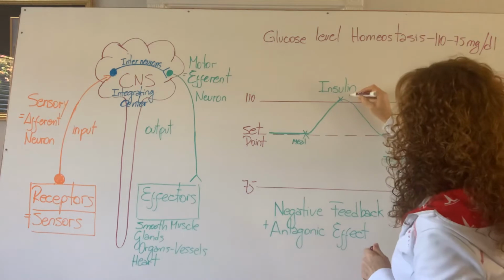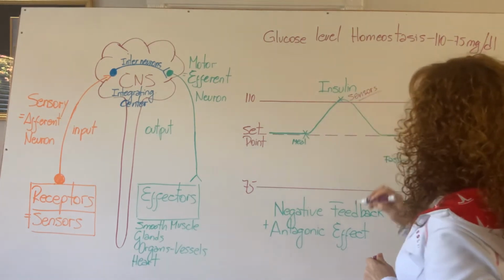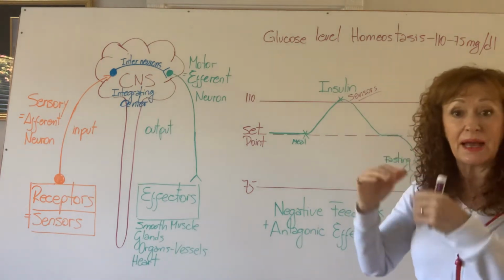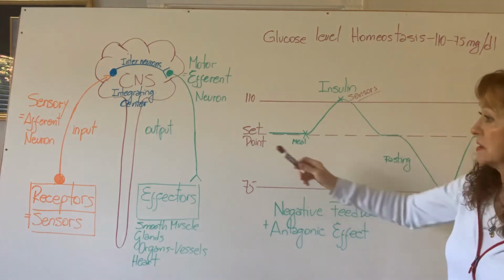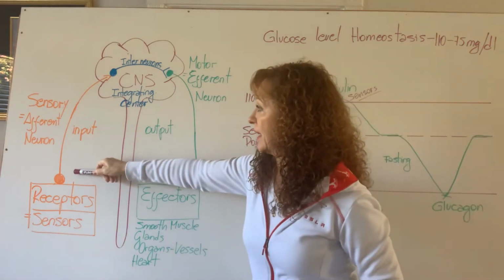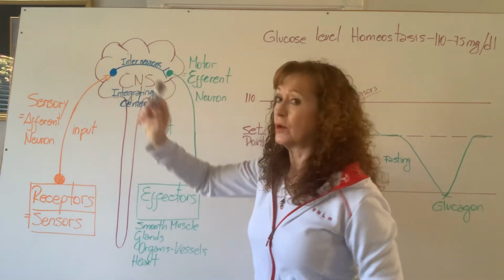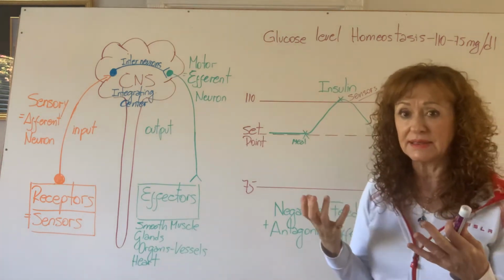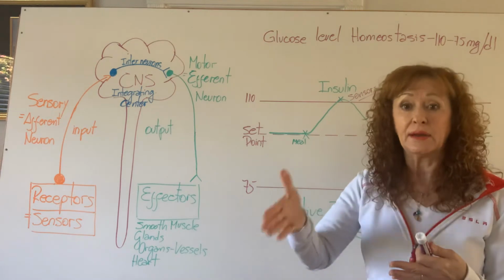When it reaches the highest number and even above that, right here is when the sensors detect that level of glucose is above the normal. When it's above the normal, it uses the afferent or sensory neuron and informs the central nervous system. The central nervous system analyzes the situation and decides to send an order.